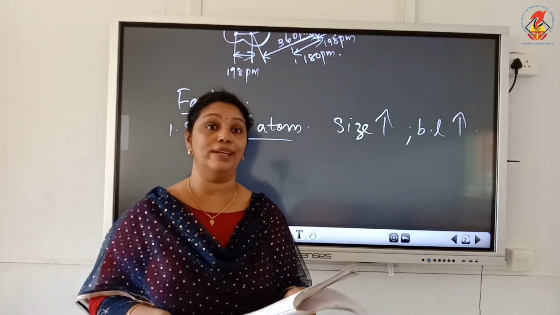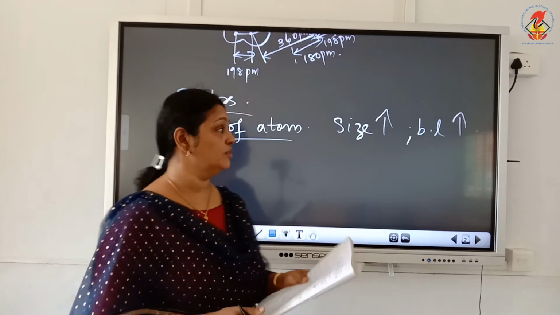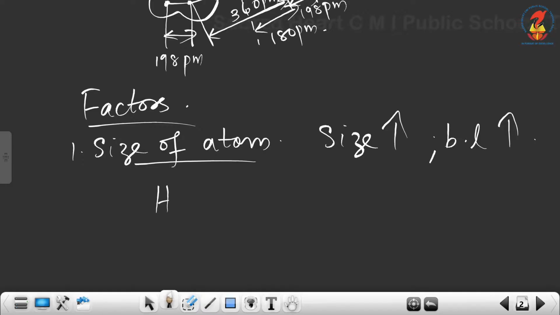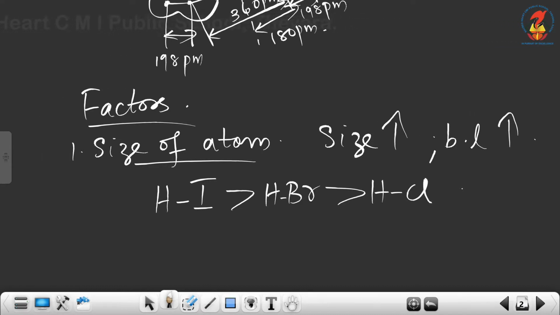So, as size increases, bond length increases. The bond length order will be HI greater than HBr greater than HCl greater than HF.